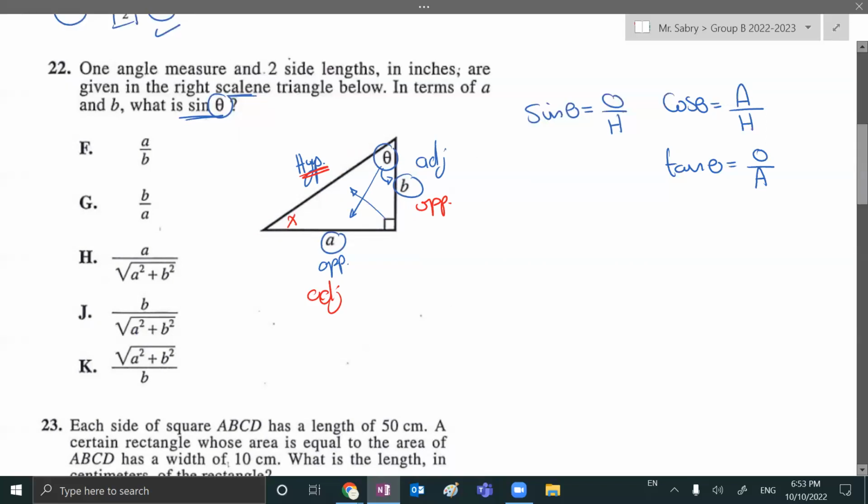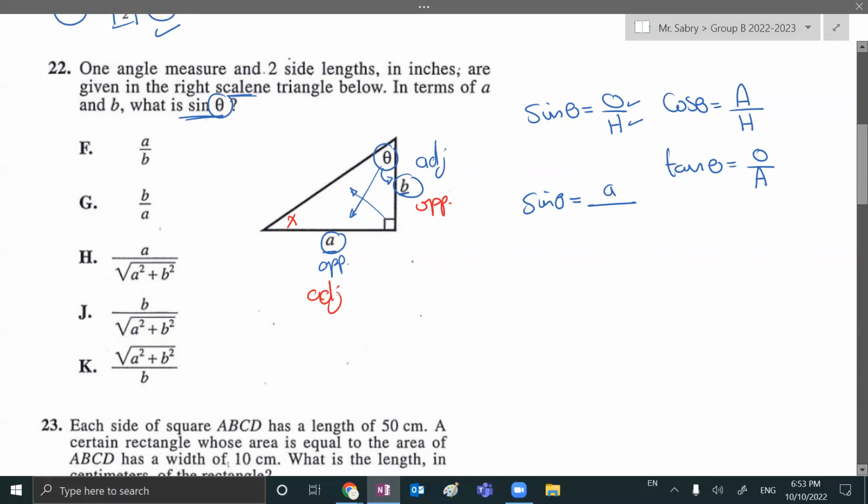Anyway, to get back to this specific question, you are asked to find sine, and we know that sine is opposite over hypotenuse. So the opposite to theta is A, over, I need to find the hypotenuse. I know the opposite, but I don't know the hypotenuse. So how can I get the hypotenuse if I'm given two side measures?